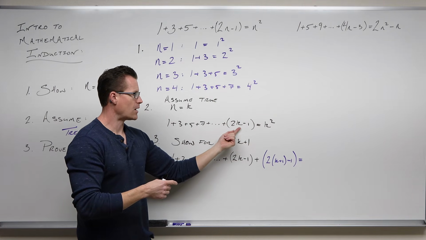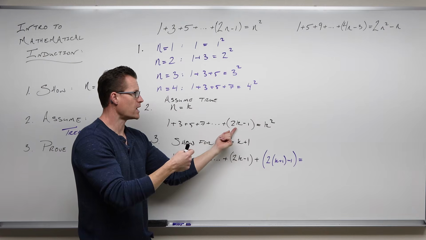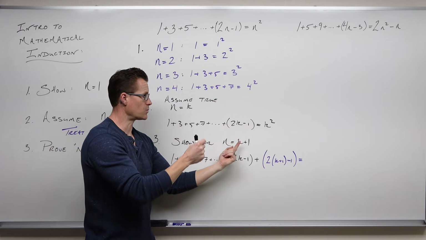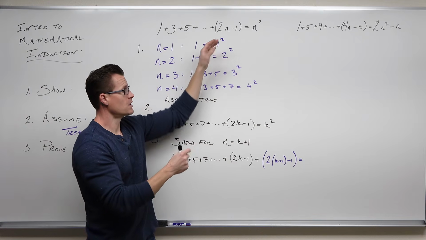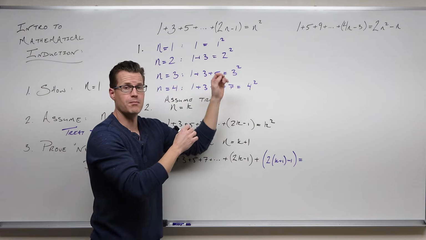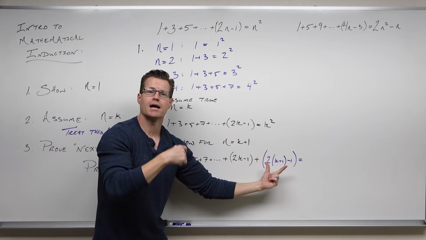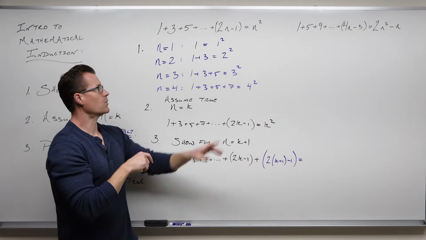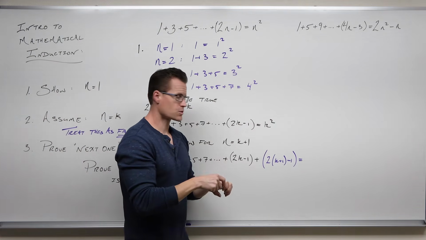Okay? And now we're saying, let's go one more than that. So we're not going to stop at plugging in k. That's here. We're going to stop at the next one, plug in k plus 1. Well, that'd be 2 times k plus 1 minus 1. That would be the next term. Now, what should that be equal? That should equal k plus 1 quantity squared.